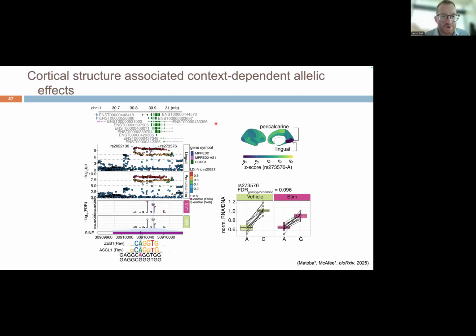So cortical structure associated SNPs here were identified. Can we use all of this EMPRA activity to identify specific SNPs that seem to have gene regulatory effects, narrowing down our very large LD blocks here? So we found an individual locus that I introduced before associated with both the lingual and pericalcarine surface area.